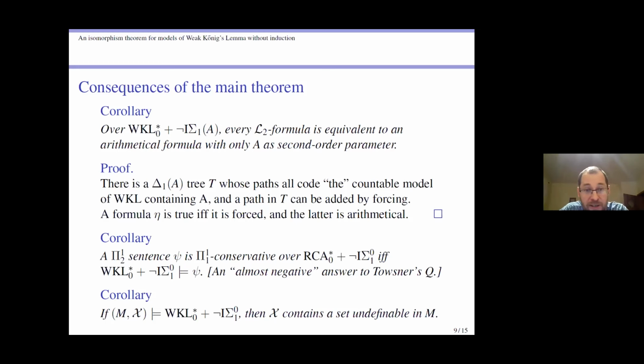So in general, if you violate sigma 1 induction with a second order parameter A, then every second order formula is equivalent to a first order formula with A as a second order parameter. So as the violation of sigma 1 induction is light face, you literally get the analytic hierarchy collapsing to the arithmetical hierarchy. I sketch a proof of this very briefly.